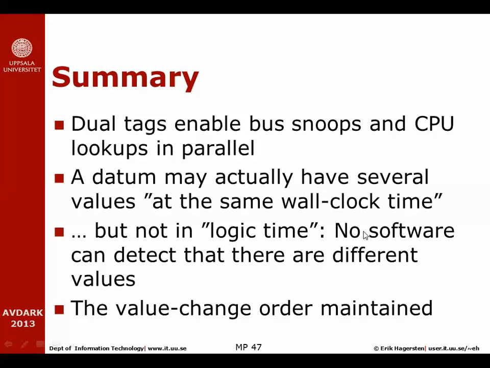So you cannot write a program that can detect the fact that the system may look incoherent, if you took a picture of it in wall clock time and could take a picture of the different states. And we can probably convince ourselves, looking at this reasoning about logic time, that also the value change order is indeed maintained in this system.